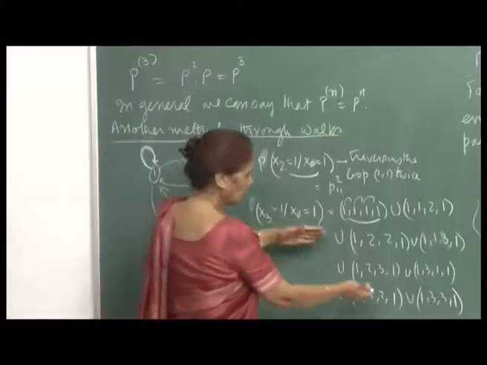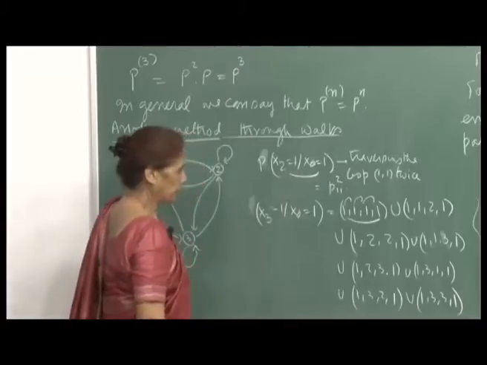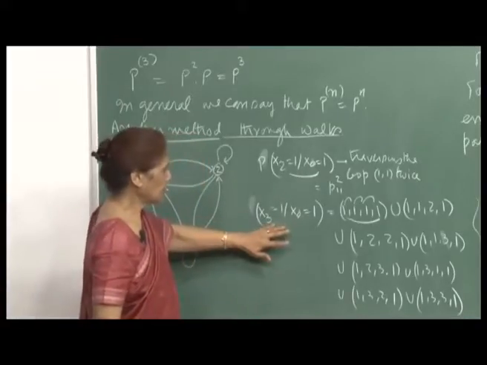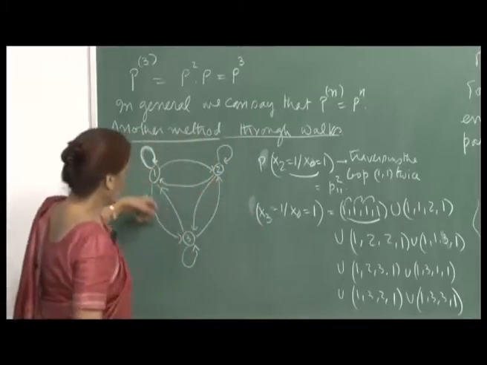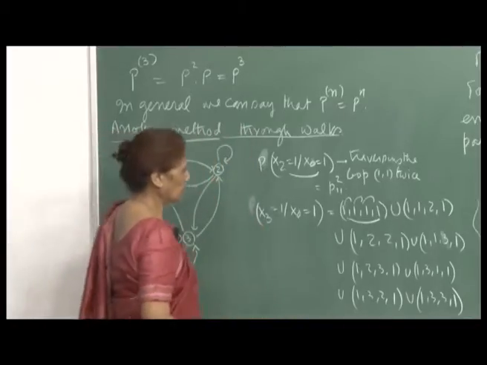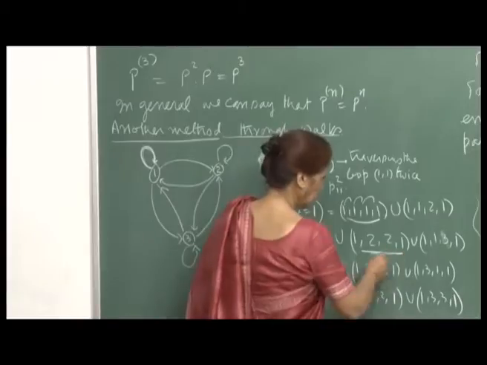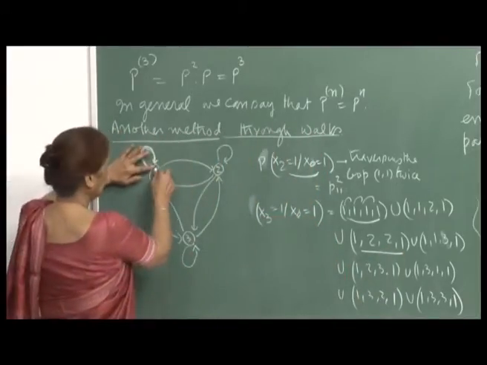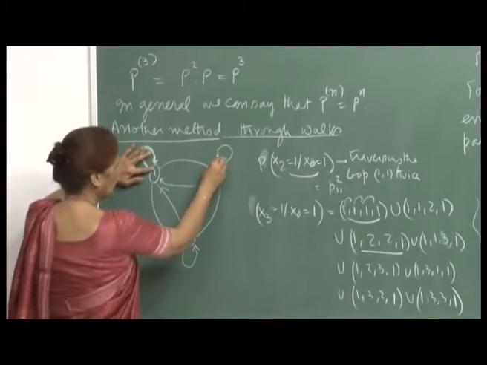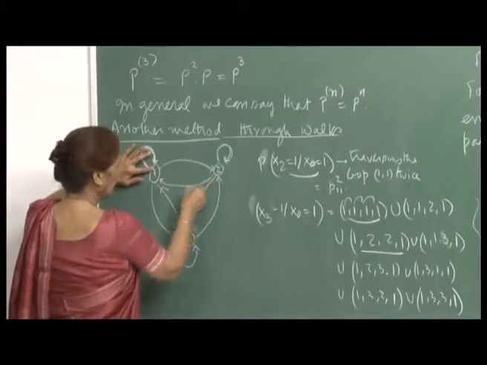So, once you write down, there are 8 possible paths, you can see that, right, for the 3 step transition, and you have 3 possible states in this. And similarly, like 1 to 2. So, you go from 1 to 2, then you traverse this loop 2 to 2, then 2 to 1.